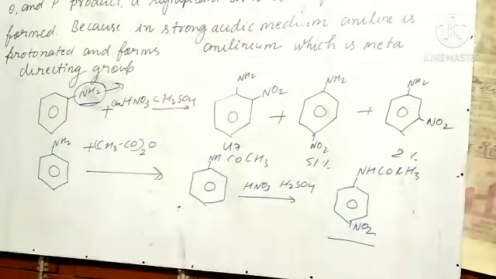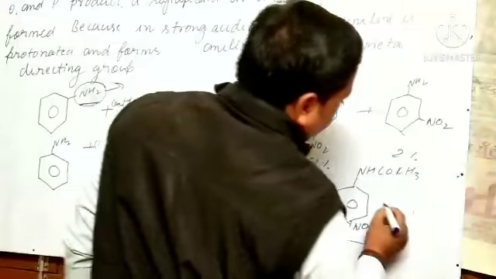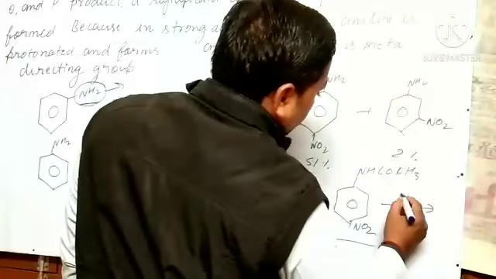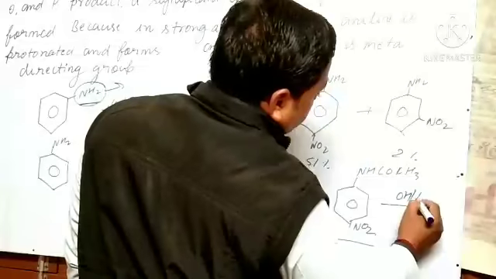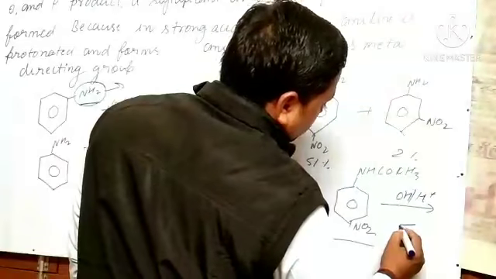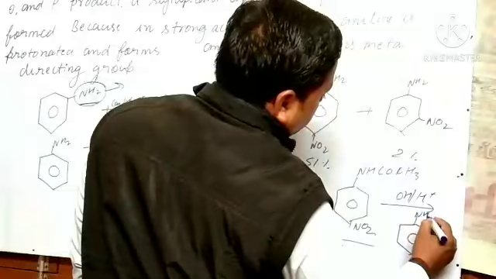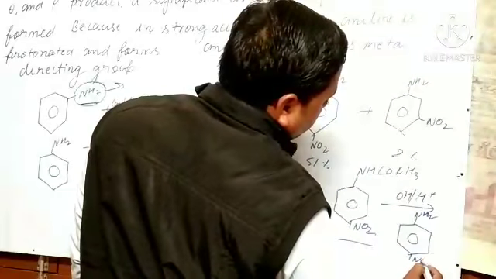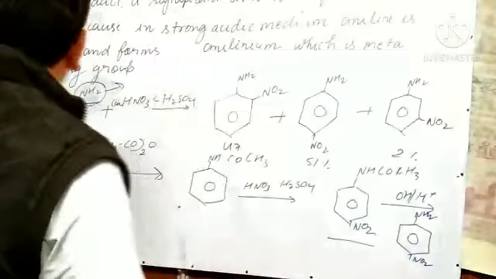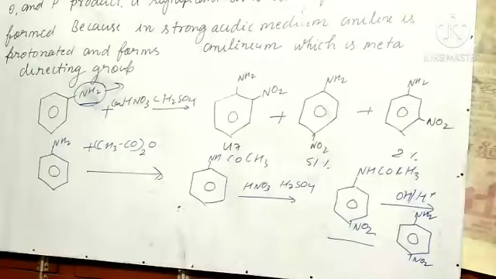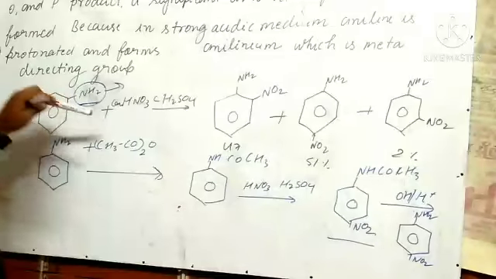And further, if we are hydrolyzing this, means acidic or basic hydrolysis, we will get a product like this, NH2 and NO2. So what we have seen here, if we want para product, we have to protect this NH2 group because it is an activating group.